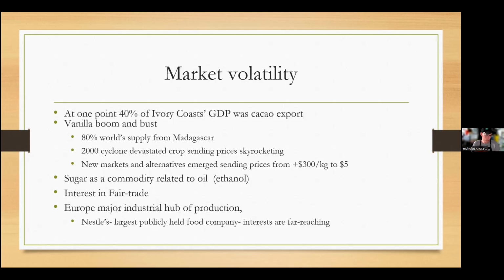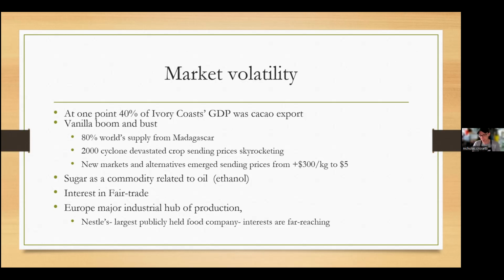During this boom, with the prices of vanilla shooting through the roof, all these new markets opened up and people saw it as an opportunity. And since then, they've remained, and the supply of Madagascar has recovered, and now there's an abundance of vanilla. Vanilla prices have shot way down.